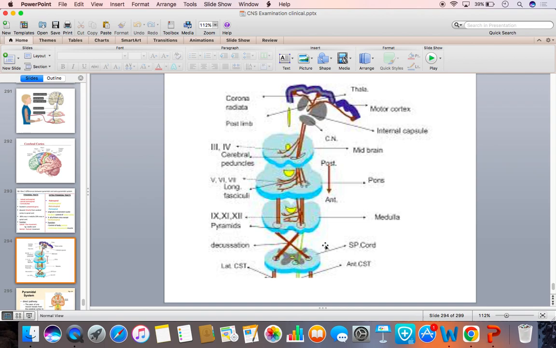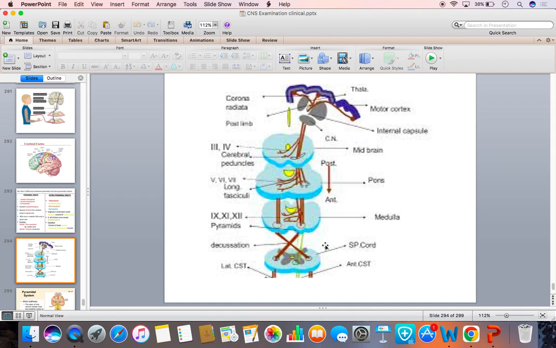You see the cerebral cortex, corona radiata, thalamus, then you have got the caudate nucleus here, then there is the internal capsule, the fibers running down into the midbrain, giving away the corticobulbar fibers to the motor nuclei of the third and fourth cranial nerves, then descending down into the pons, giving away the corticobulbar fibers to the motor nuclei of the fifth, sixth, and seventh cranial nerves, then ultimately descending down to the medulla.